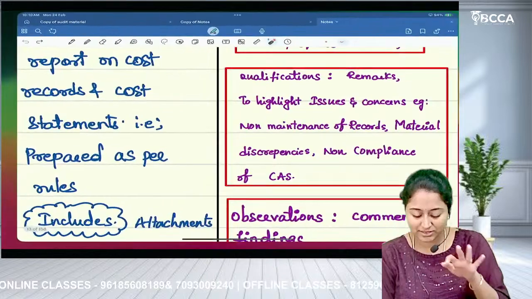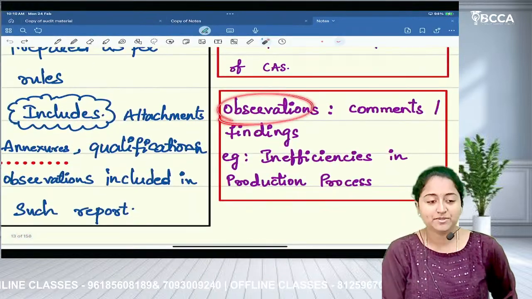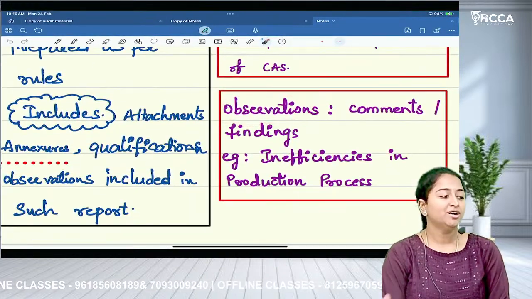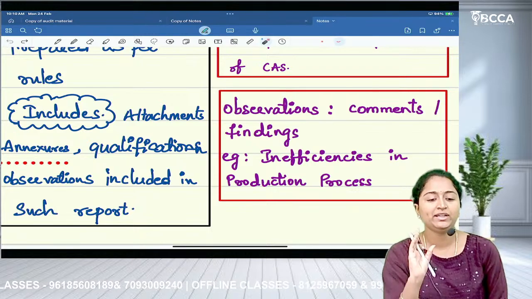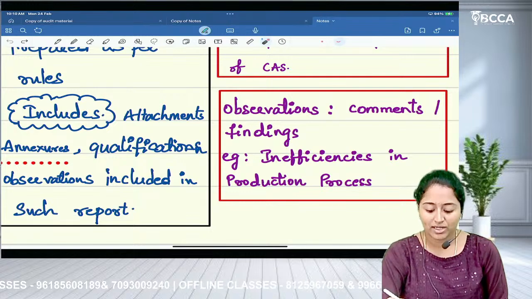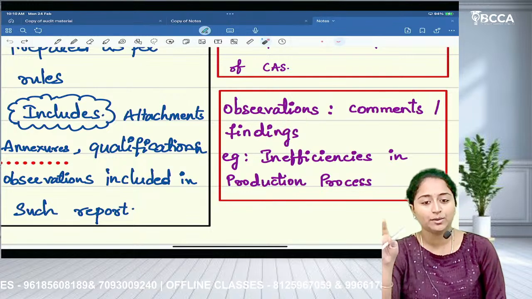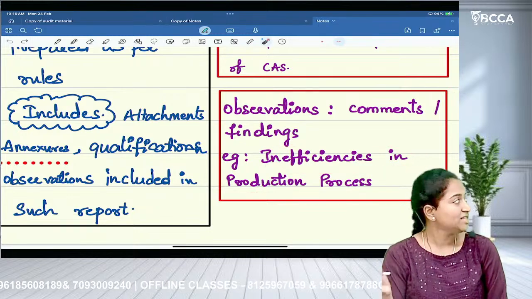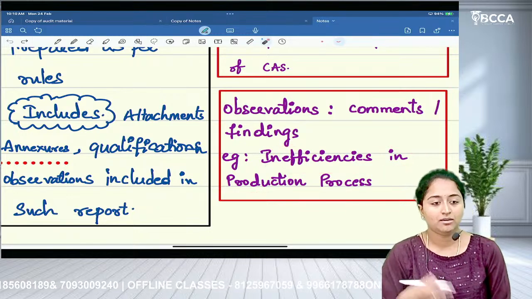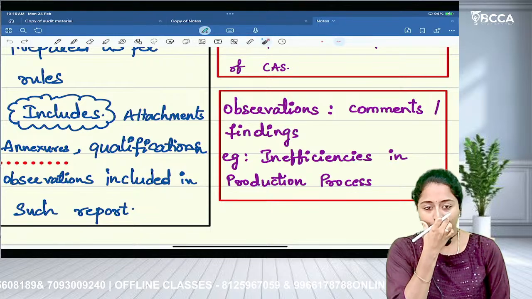Next, coming to observations. Observations are what the cost auditor observed while verifying cost records and statements, his comments and findings in that verification. If there are any inefficiencies in the production process, he will tell that in the cost audit report.